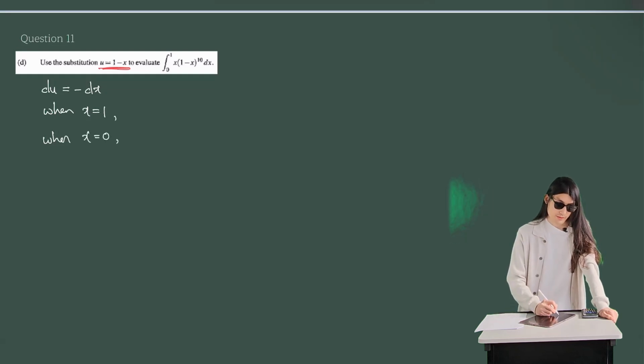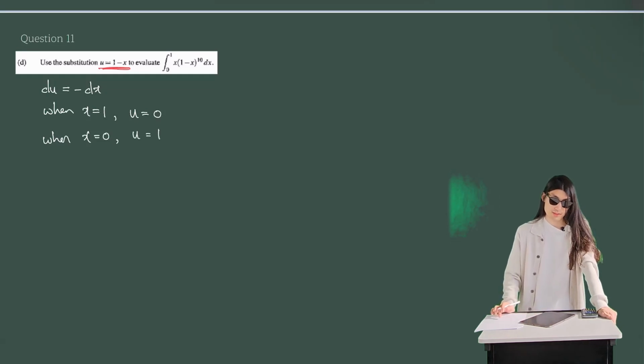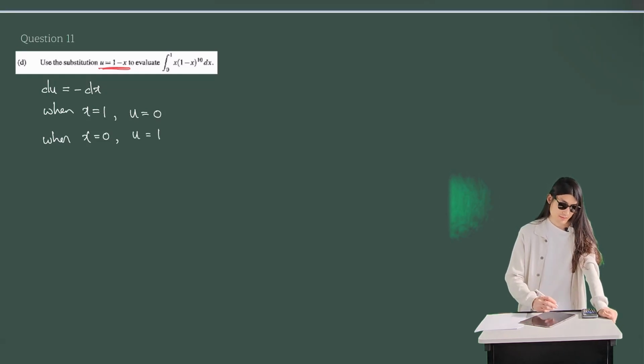And for each of those values of x, 1 minus 1, 1 minus 0 will be 0 and 1 respectively, wouldn't it? And then, now making the substitutions.